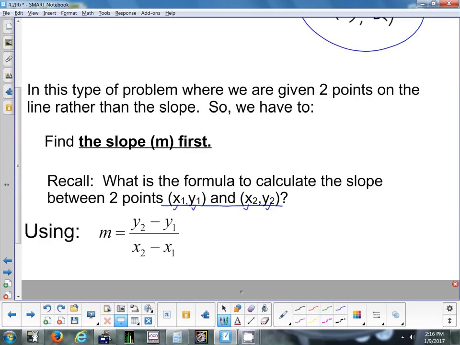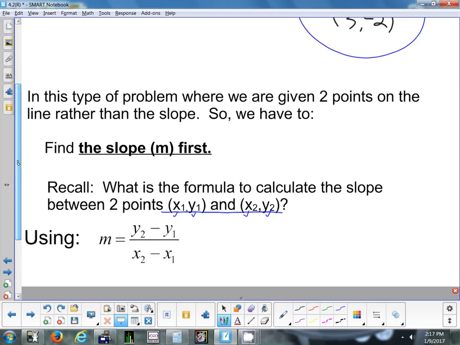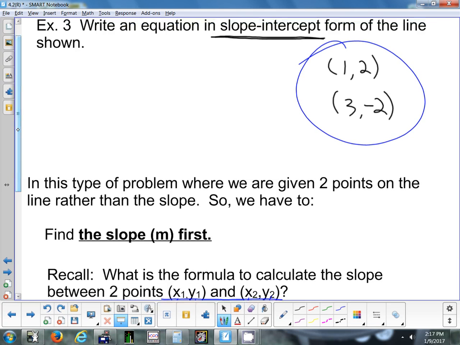All right, so let's do that in our problem before we go to the next part, where you have some space up above to show work. Let's find the slope first using this formula. The points I circled. Can somebody tell me which one is x1?